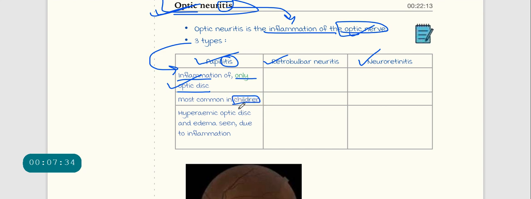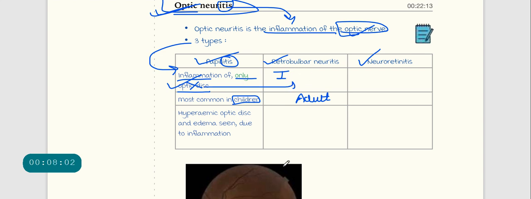Moving on to retrobulbar neuritis, there is an inflammation of the optic nerve, but the optic disc is not involved, only the optic nerve. This is seen most commonly in adults.